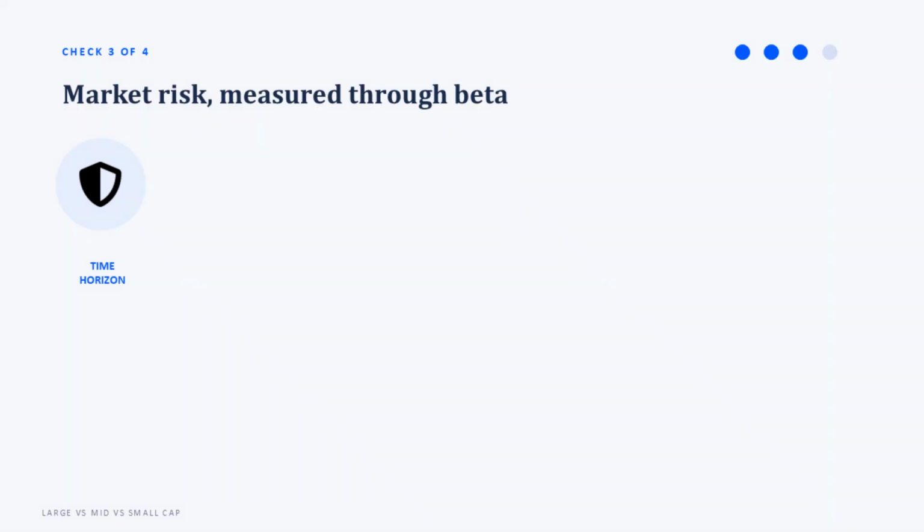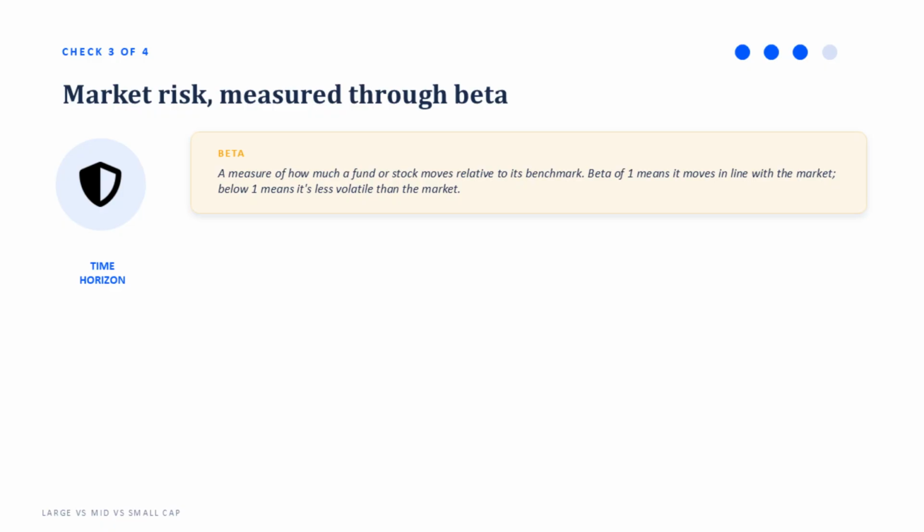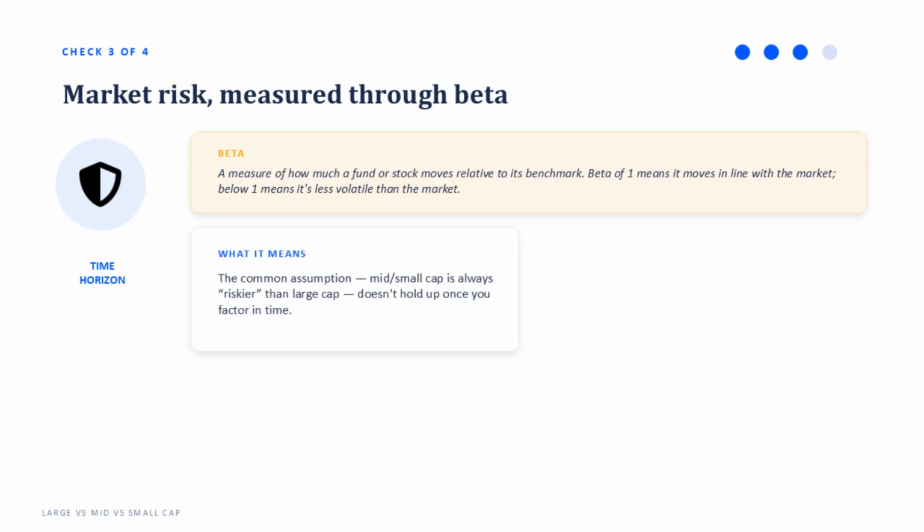Check 3. Market risk, measured through beta. Beta is a measure of how much a fund or stock moves relative to its benchmark. A beta of 1 means it moves in line with the market. Below 1 means it's less volatile. The common assumption is that mid and small cap are always riskier than large cap. But beta doesn't stay fixed.